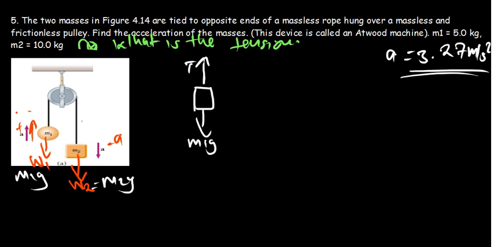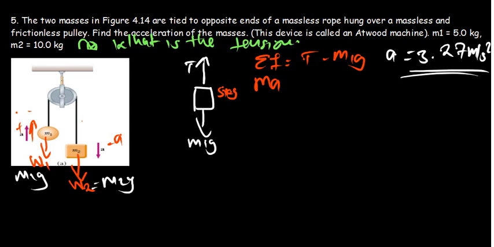The mass 1 is 5 kg. According to Newton's law, F net has to be equal to the forces acting there: tension minus M1g. Tension going up is positive, the weight force going down is M1g, that's why it carries a negative. So this is going to be ma.